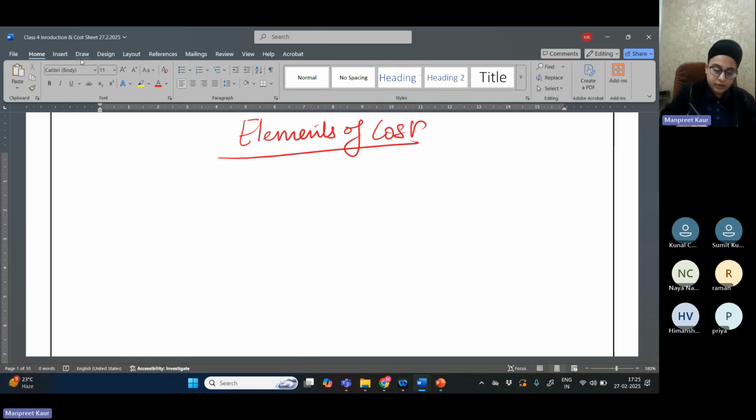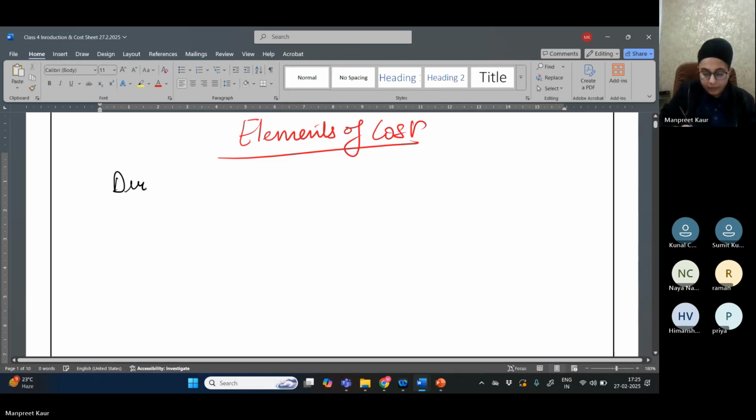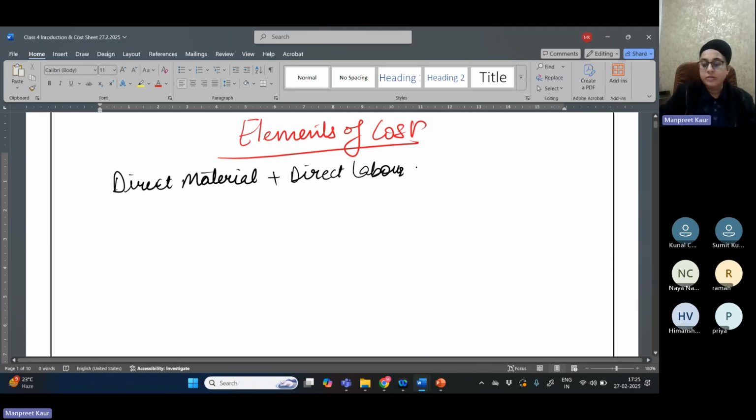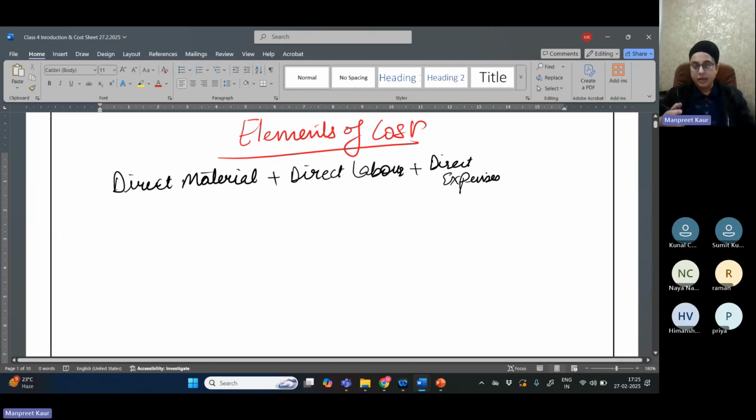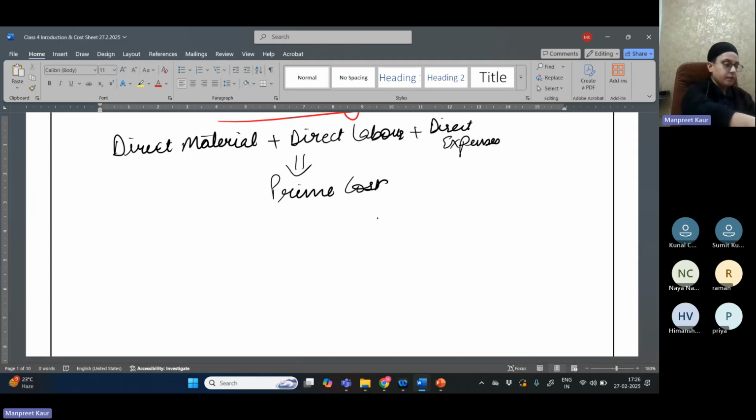In elements of cost, we have a formula: direct material plus direct labor plus direct expenses becomes the prime cost.